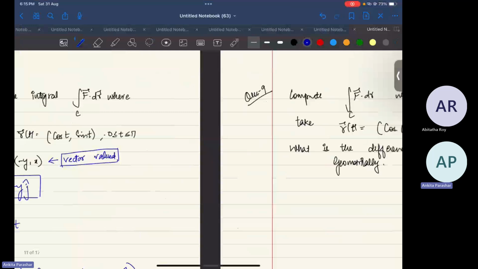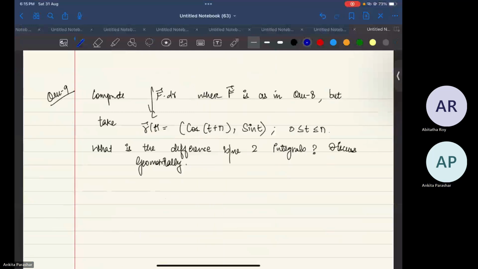But I want to parameterize this curve by another parameterization, not another curve. Here I want you to check something. Of course, we will see the geometric difference between these two things. But let's compute first.